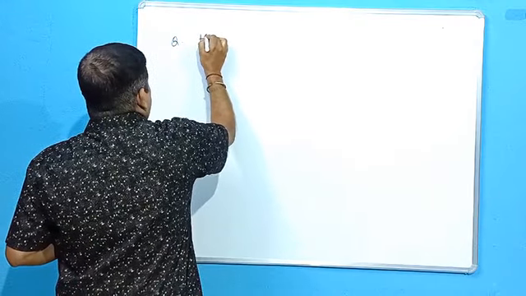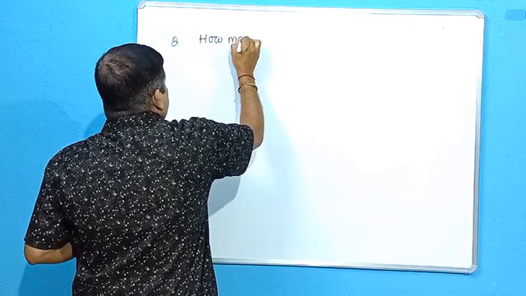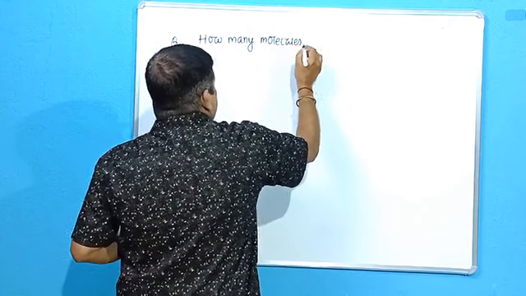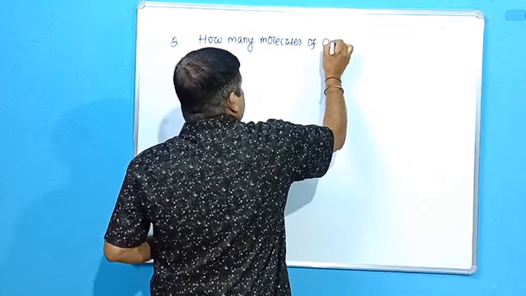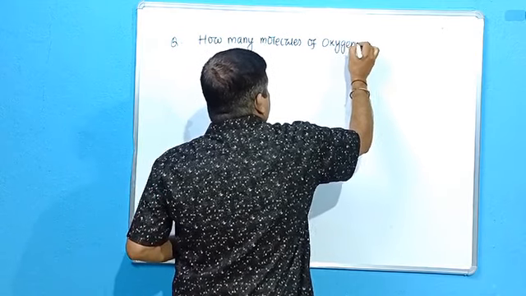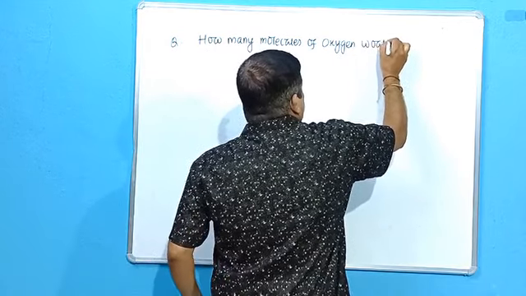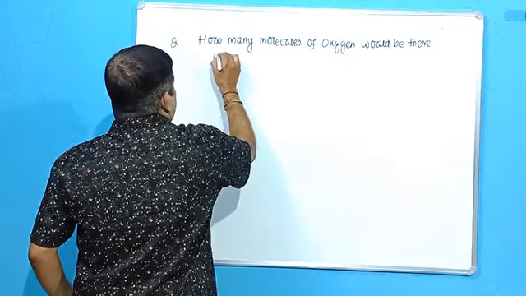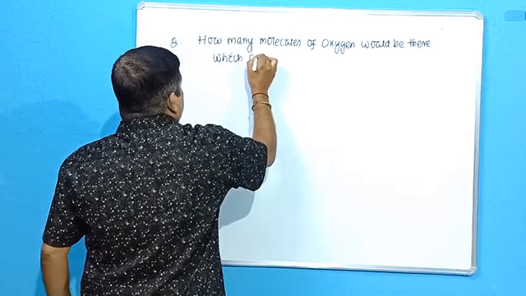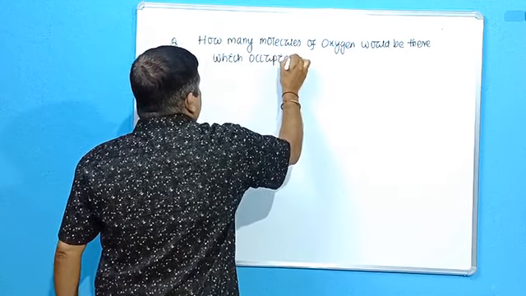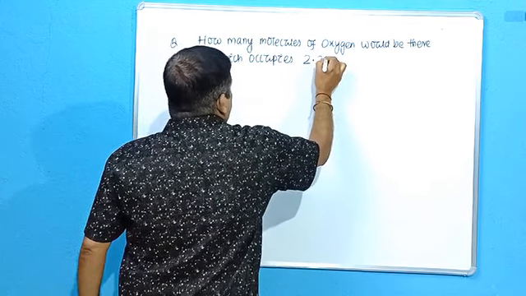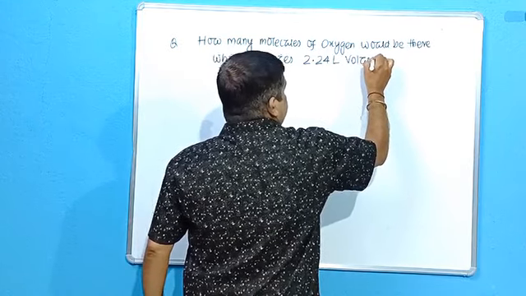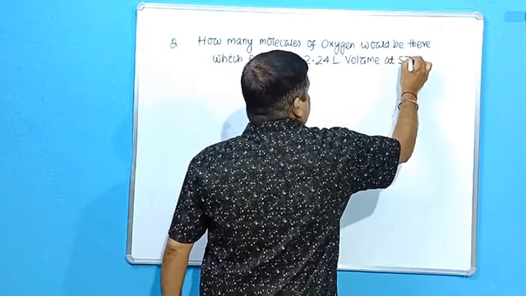Next question. How many molecules of oxygen would be there which occupies 2.24 liter volume at STP?